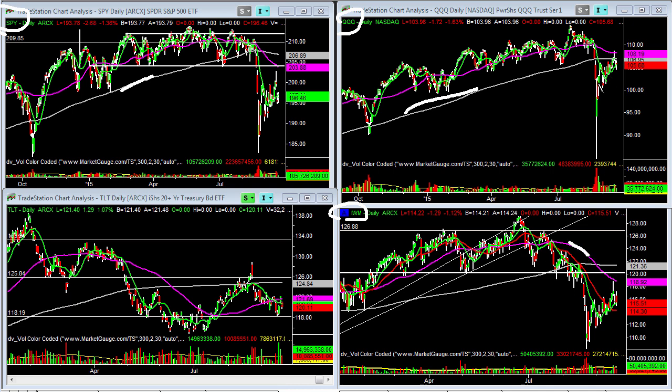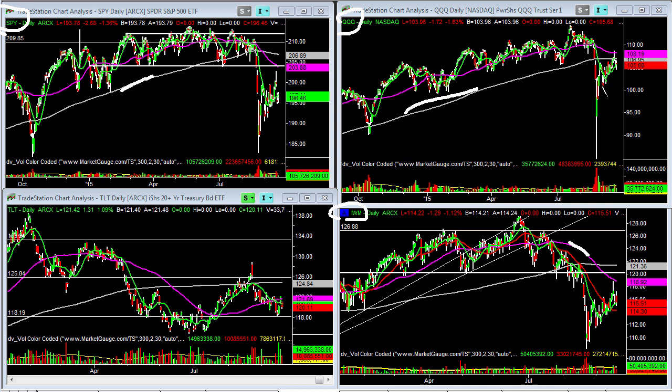So if I look at the Qs in relationship to the 200-day moving average, the Qs are the strongest. As it turns out, in terms of year-to-date performance, the Qs are still the strongest in that respect as well.